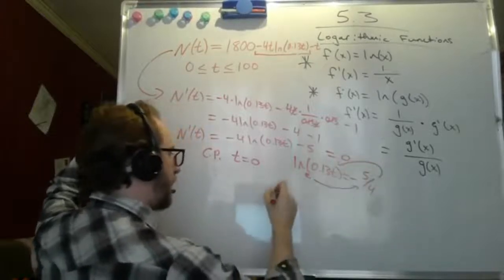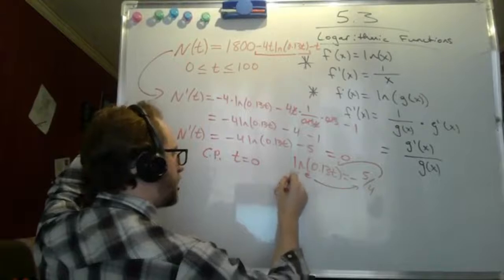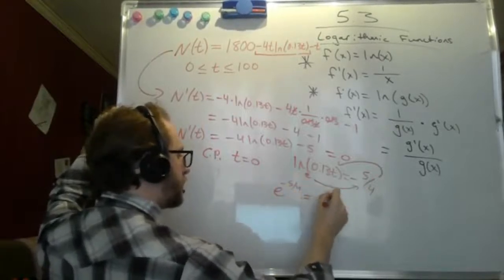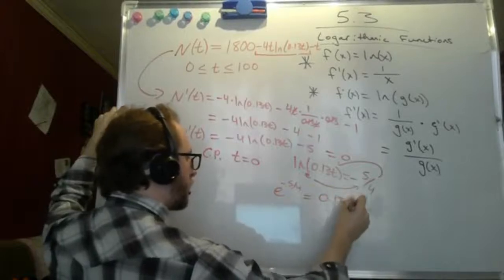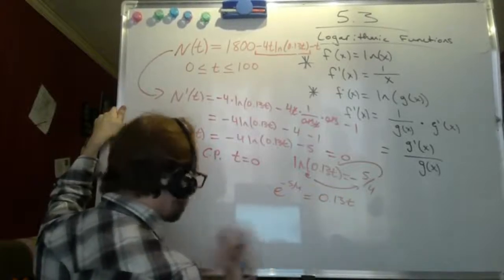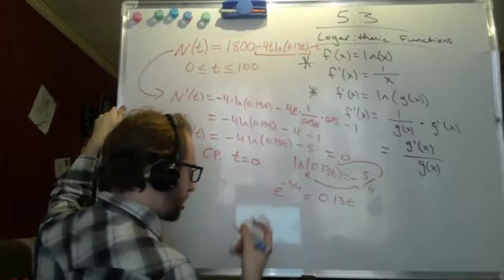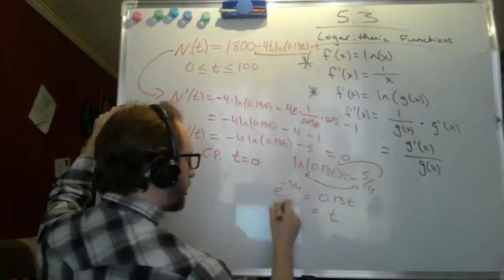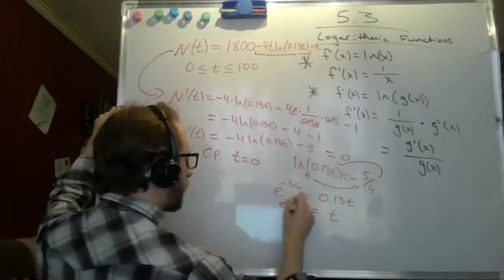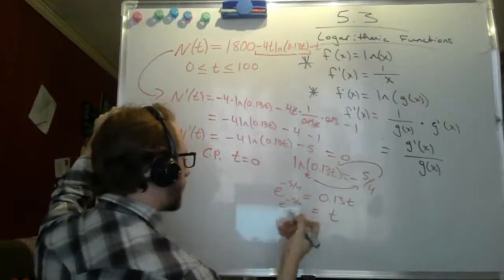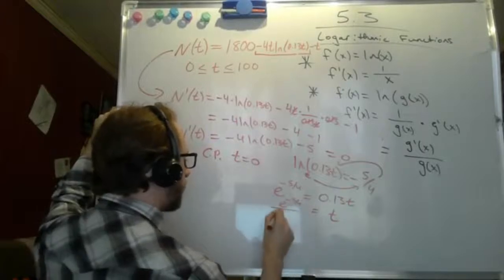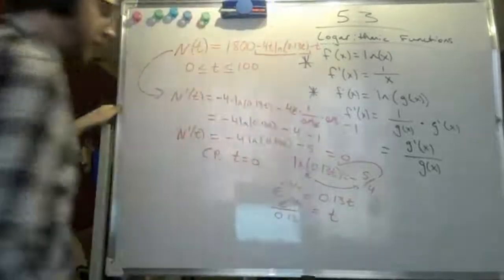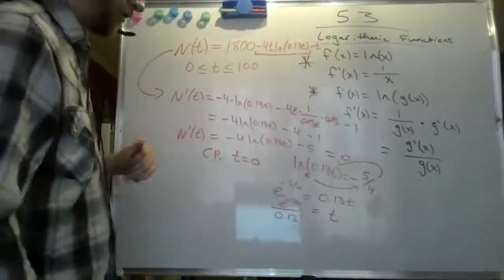So what we actually have here is e to the -5/4 power is equal to 0.13t. And there we have it. So what does this do for us? Well, now I can divide by 0.13, and I'm going to get t all by itself. So I've got e raised to the -5/4 power divided by 0.13. And that is a perfectly valid answer.